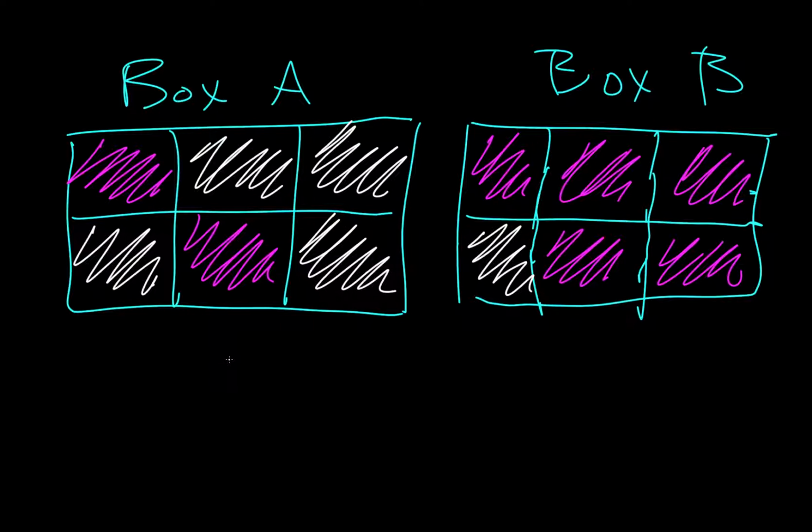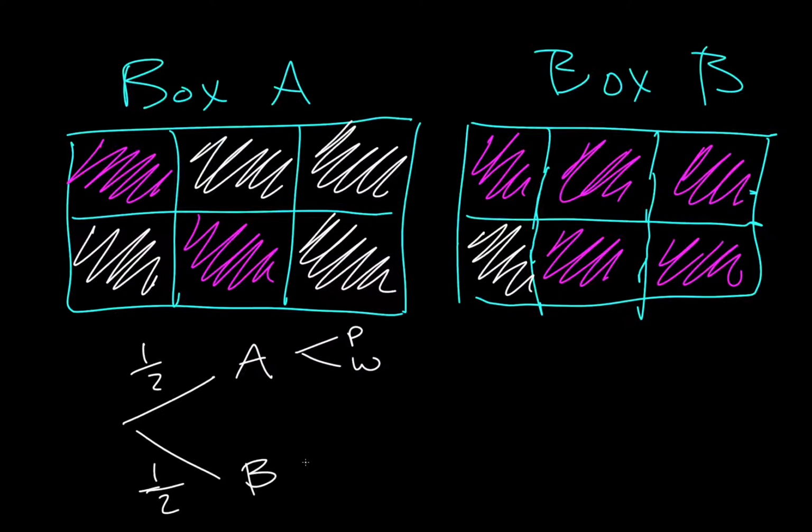If we create a tree diagram, we have a 1/2 chance on picking box A or box B, a 50-50 chance. From there, we can go purple or white. If we're in box A, purple has a 2 out of 6 chance, and 4 out of 6 for white. Purple for box B is 5 out of 6, and white is 1 out of 6.